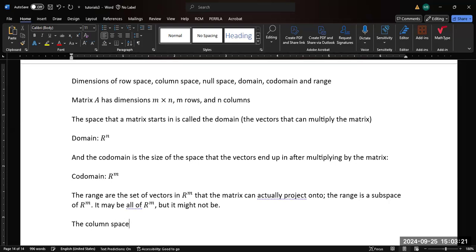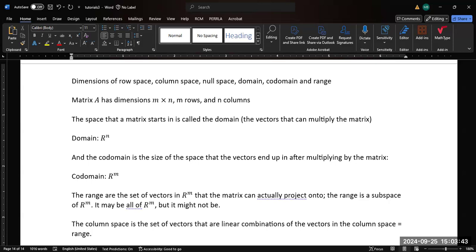So the column space is the set of vectors that are linear combinations of the vectors in the column space, and that is equal to the range.